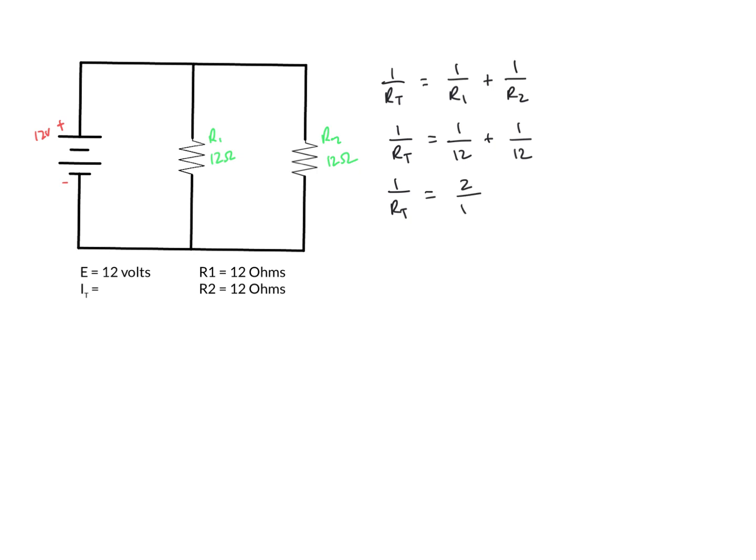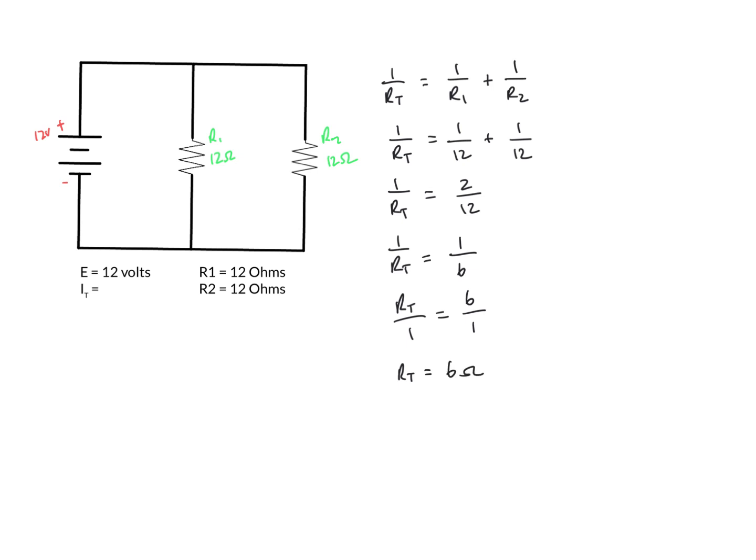We got 2 over 12. 1 over RT is equal to, I'm going to reduce this to 1/6, and then we'll do the inverse of both of these, the reciprocal, which leaves us with, oh geez, I completely botched that R up there. RT is equal to 6 ohms.